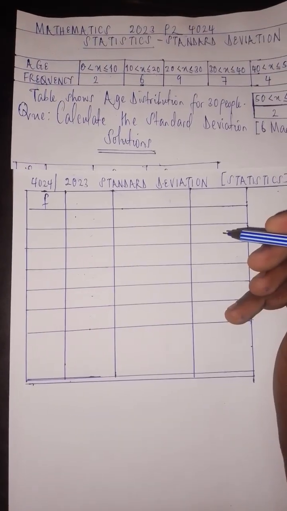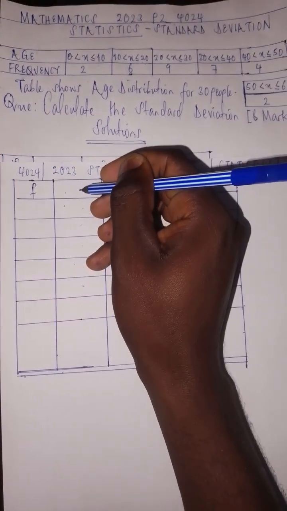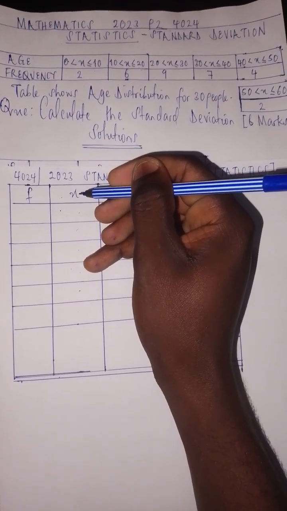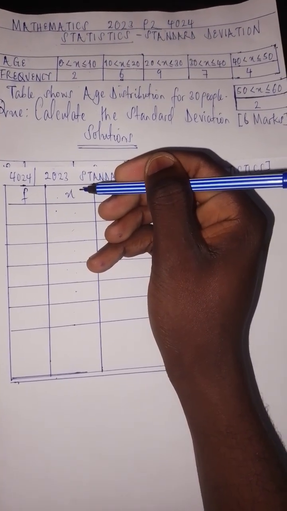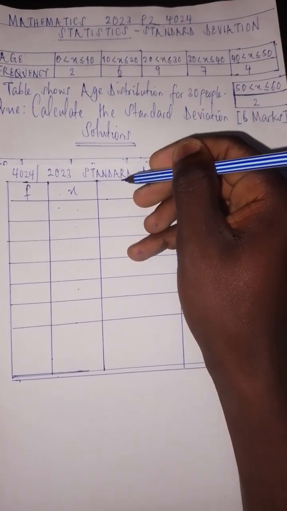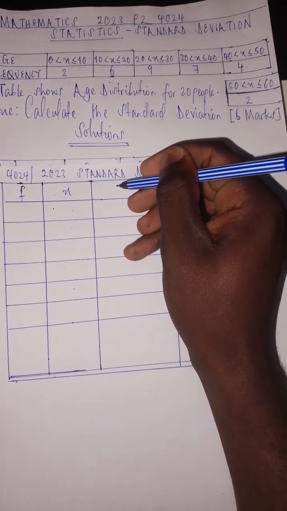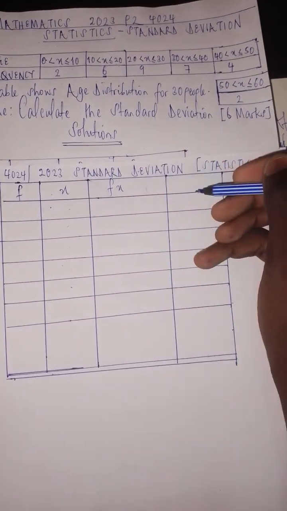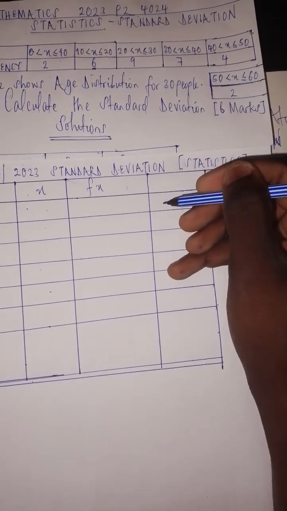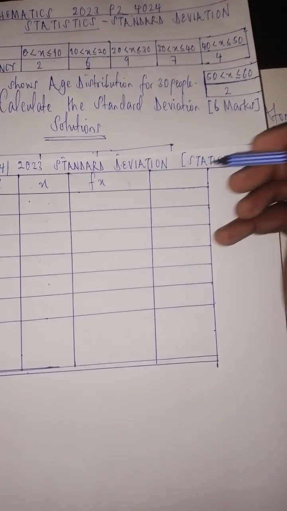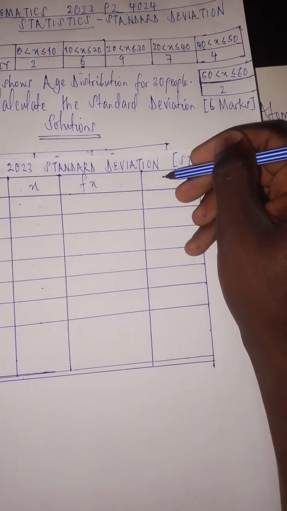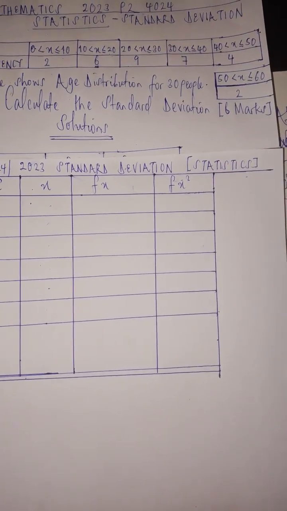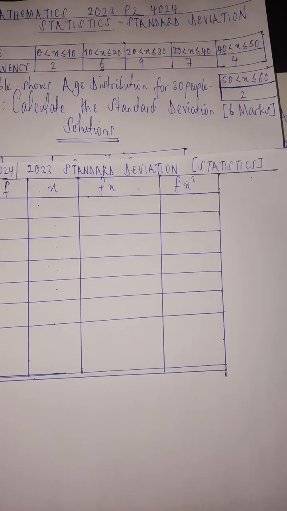Then in the second row, I'm going to say midpoint, symbolized as X. In the third one, I'm going to say frequency multiplied by midpoint, and the last row, I'm going to say frequency multiplied by midpoint square.